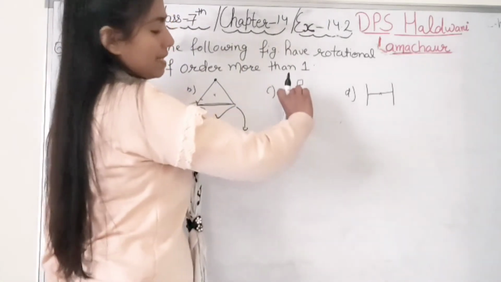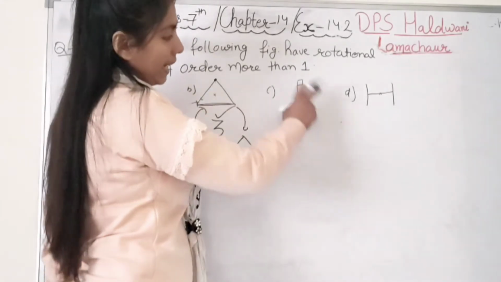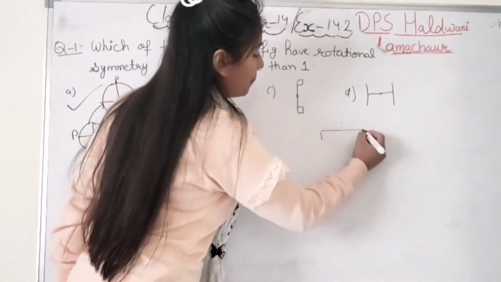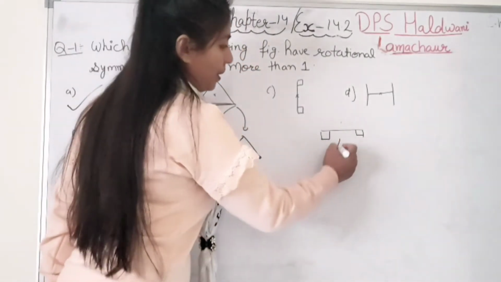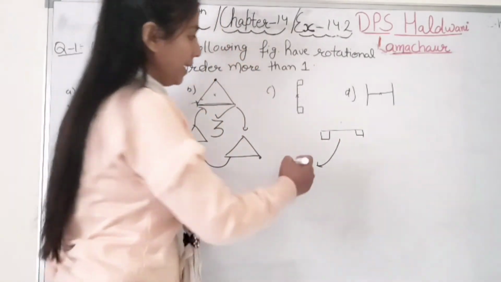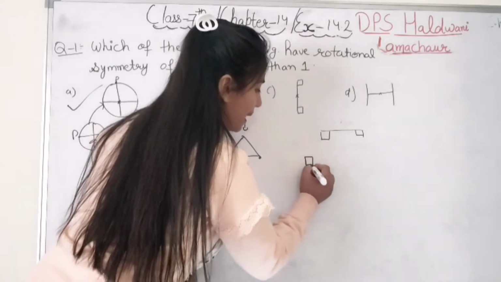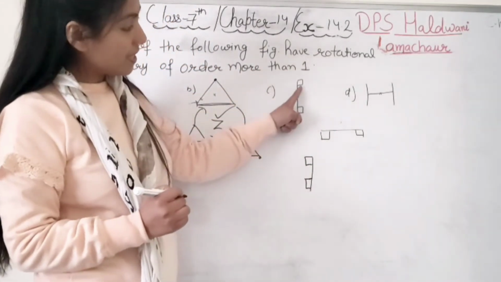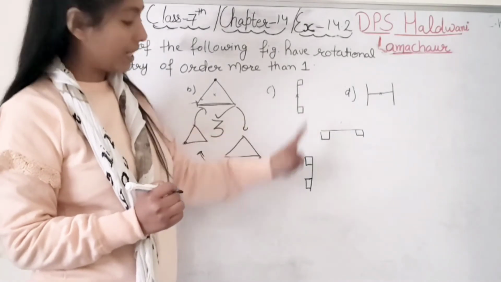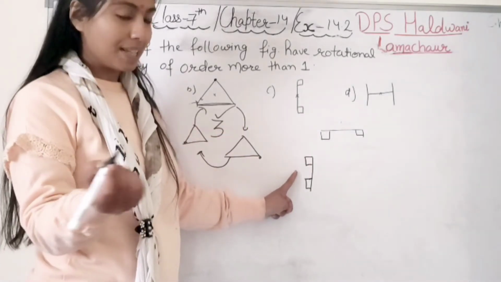Now when it is at 0 degrees and you rotate it 90 degrees, it will become like this. Not the same. When you rotate it 180 degrees, it will become like this. So is it similar? No. The faces are in different directions. See, here it is the left side, here it is the right side, but not the same, right?